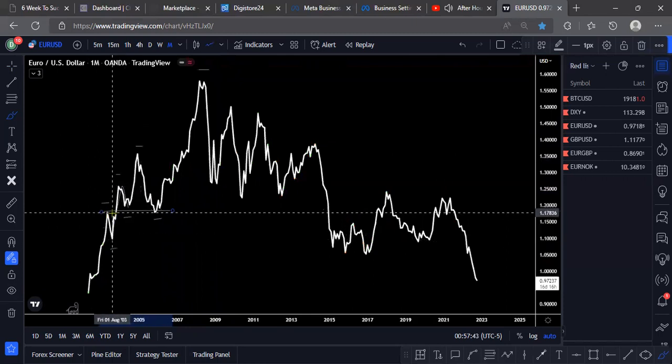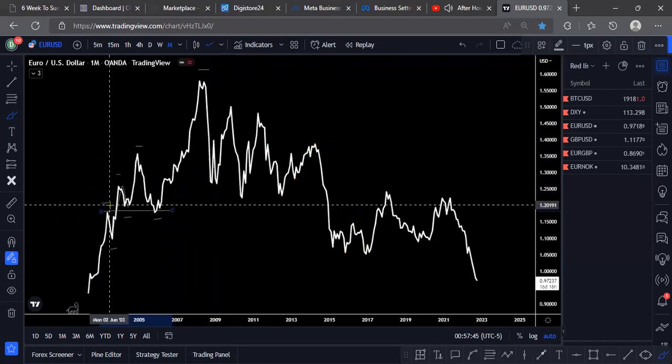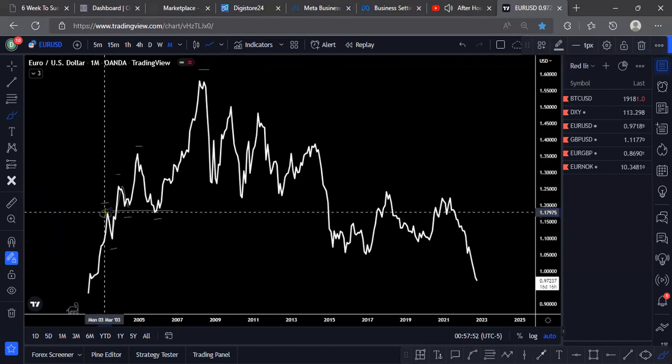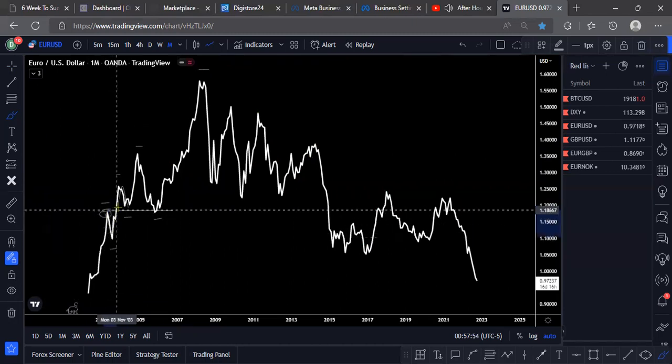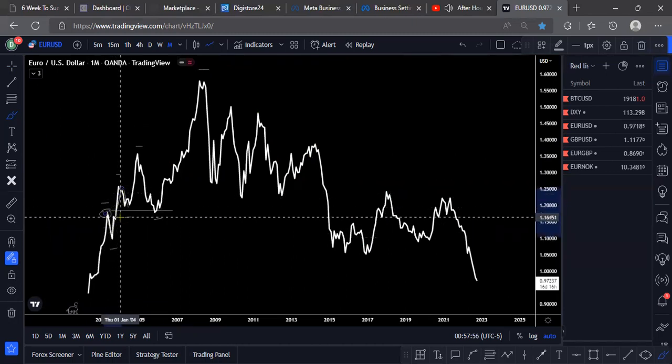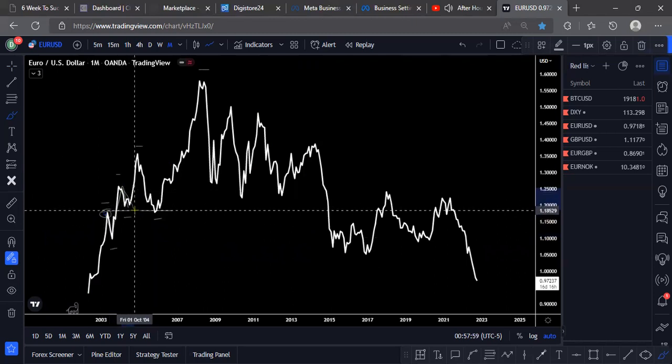If we look on the line chart, excuse me, you guys can see that point of structure here had that pullback and then a continuation and then a retracement.